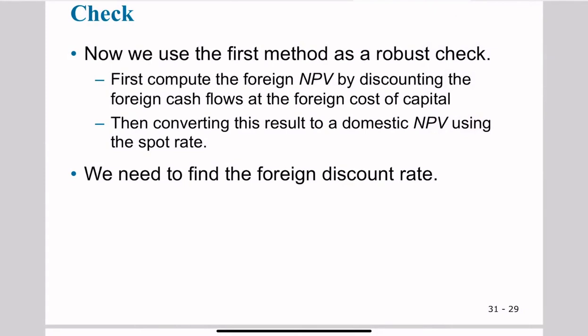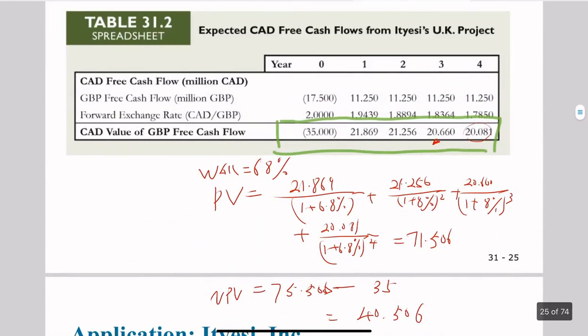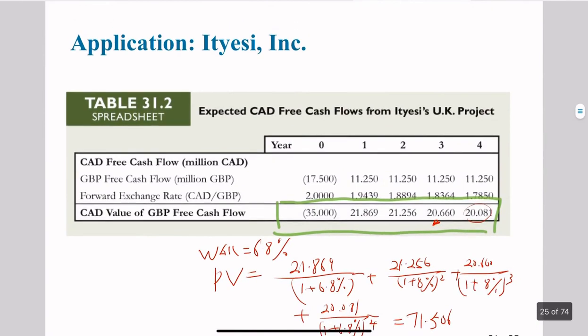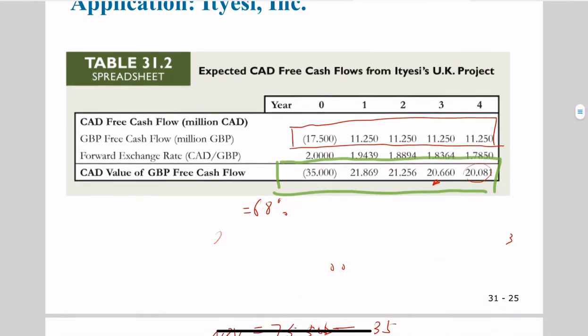And in terms of how to use the first method to find the net present value, if you go back to the table, you can see that we have already got the free cash flows in GBP. So what we need is the cost of capital in the UK.